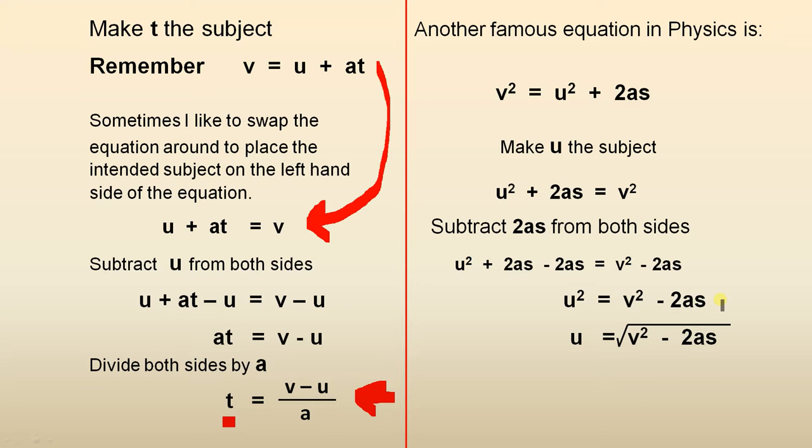So U squared equals V squared minus 2AS, and because U squared equals the right hand side, therefore U must be the square root of the right hand side. So that's the answer, and U is the subject.